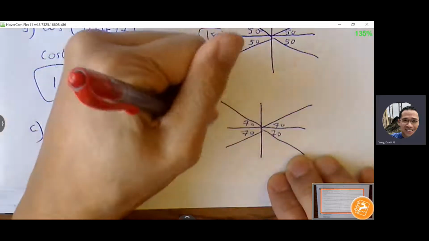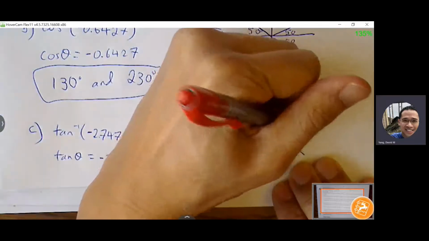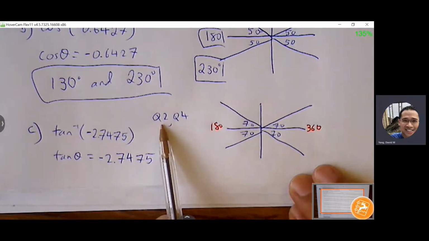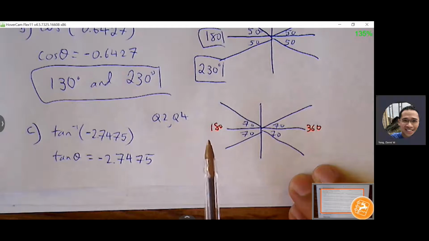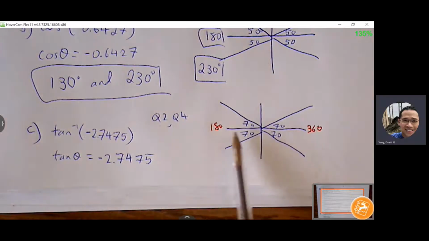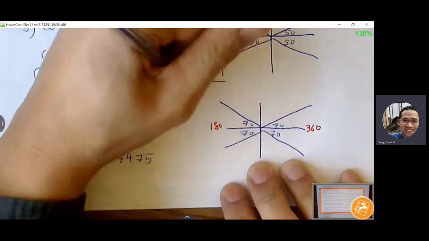So we're going to have to involve 360 and 180 to get to where we want to be. Okay, so how would you get to the quadrant 2 value? 180 minus 70, right?